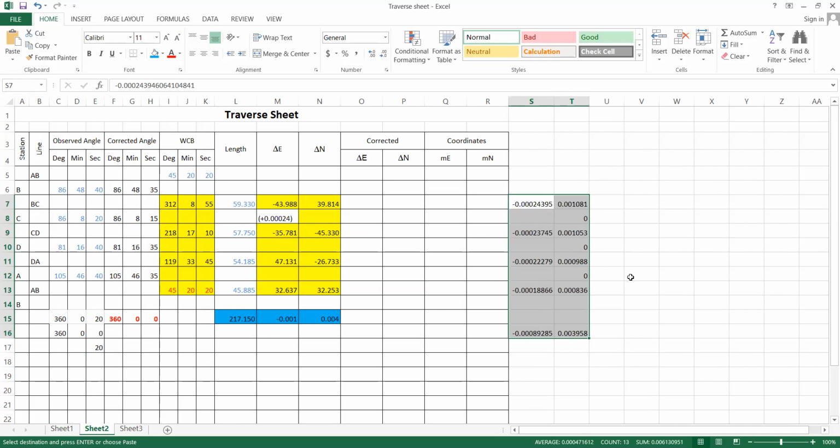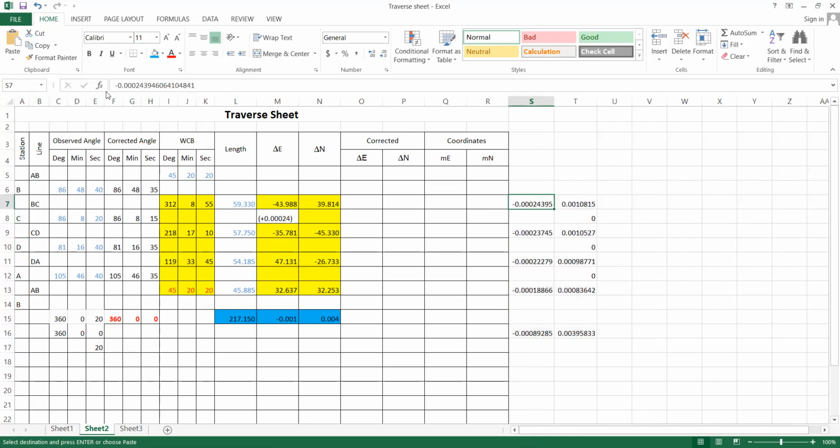So these are the corrections, but we have to use the minus of that. So in this case, we can use plus. This should be minus. And using up to 4 decimals is enough. So I can take minus. This one is 24.